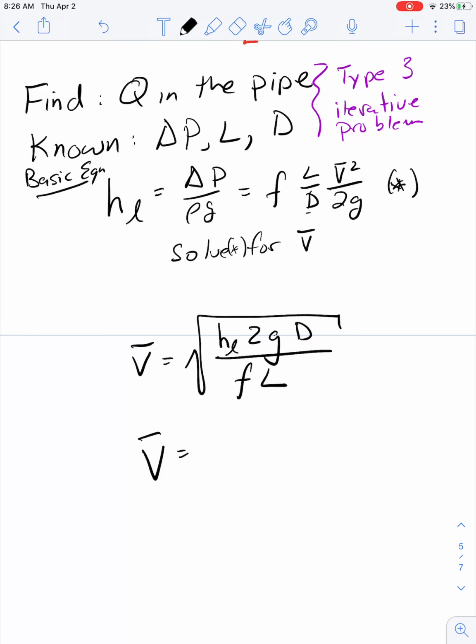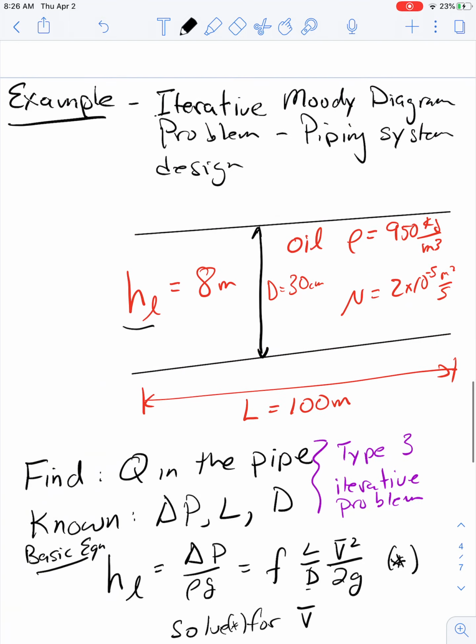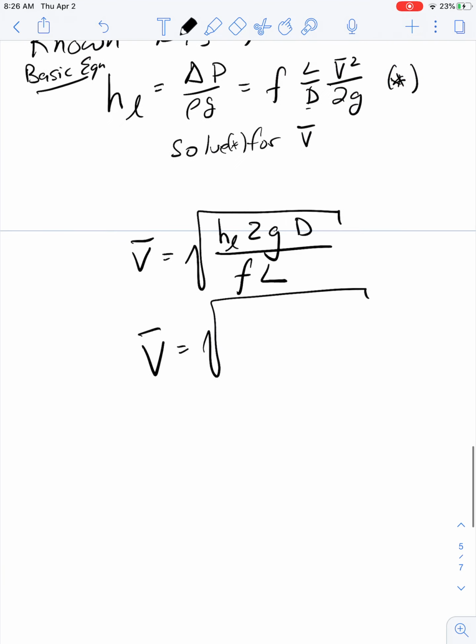So what is this? Well, we know the head loss was defined up above as 8 meters. So 8 meters times 2 times gravity, 9.8 meters per second squared, times the diameter of the pipe, which was 30 centimeters, 0.3 meters.